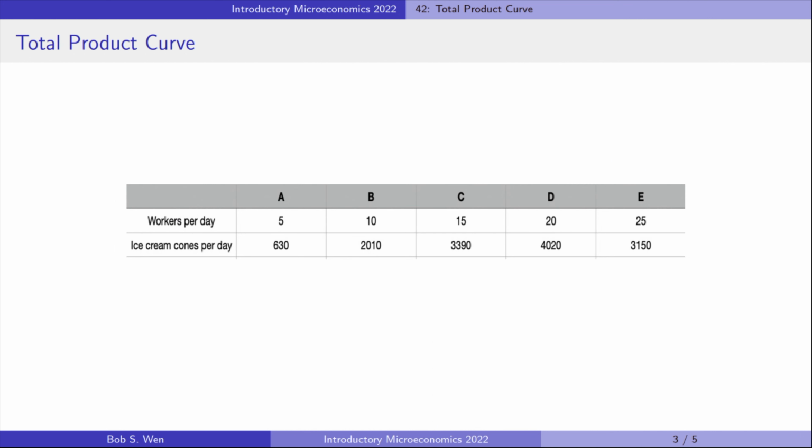Suppose we observe the amount of ice cream cones produced for each level of labor and have a total product schedule. Here we have the total product table or schedule, and the information helps us plot the total product curve.